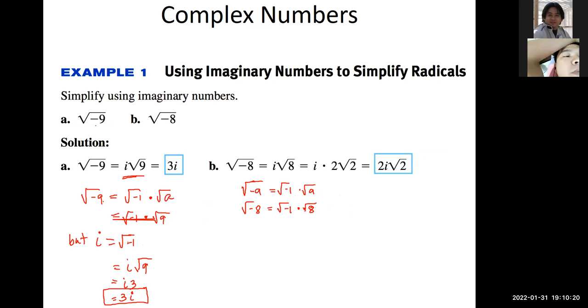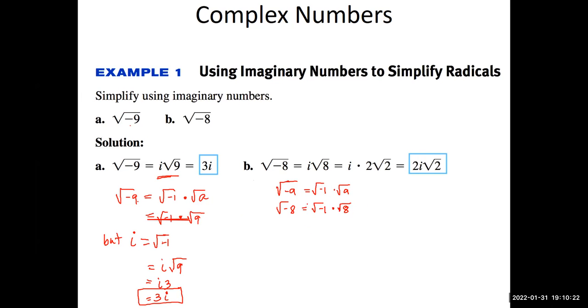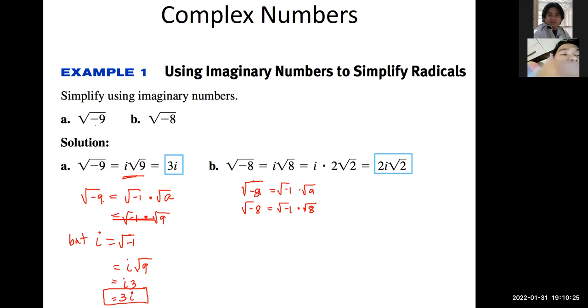So yung 8, para ma-simplify natin, we could also write that as the square root of negative 1 multiplied by the square root of 2 multiplied by the square root of 4.